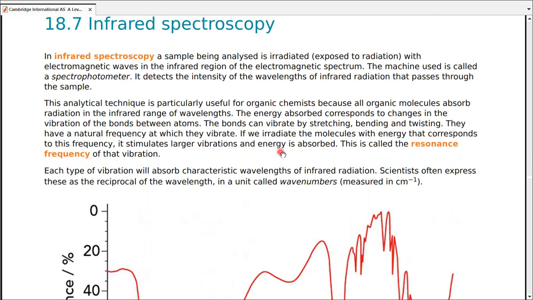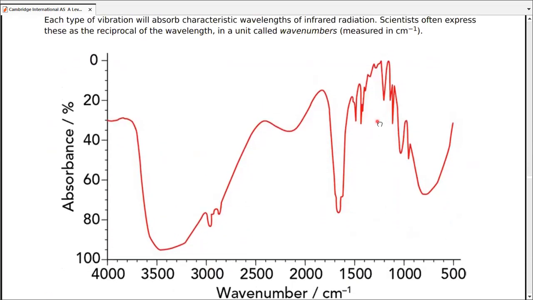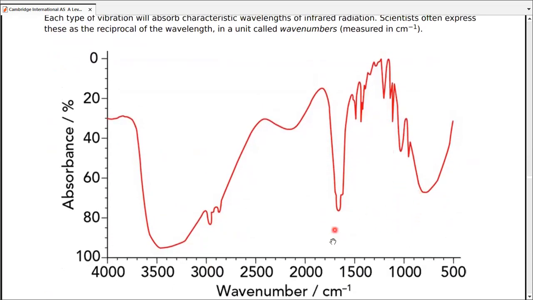They absorbed that energy because they were already vibrating at that energy. We irradiated them with the same energy, and then there was resonance because they stimulated larger vibrations. So the lower this curve goes in case of absorbance percentage, the closer to 100% it is, and higher is the chance that our molecule has that wavelength.